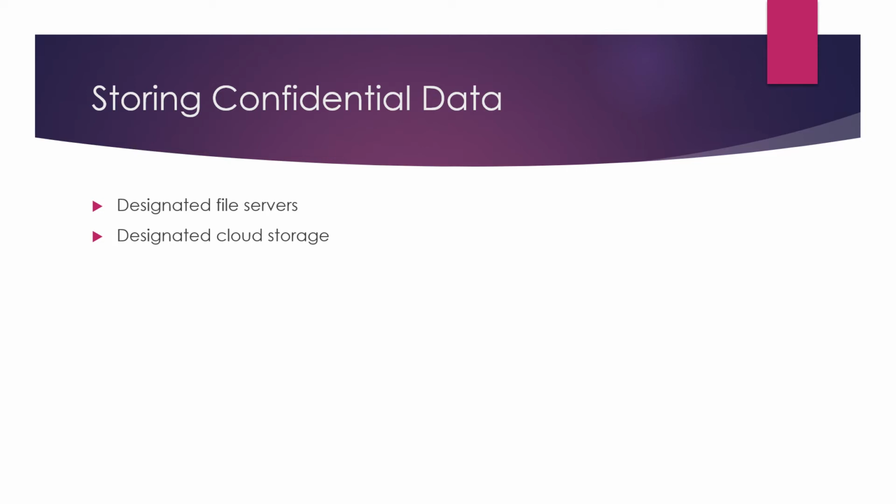Typically, various levels of encryption may be used to ensure only authorized people can access the information, and it's encrypted so that in the event of a data breach, the data is inaccessible to unauthorized people. So these are typical things that happen to protect confidential data.